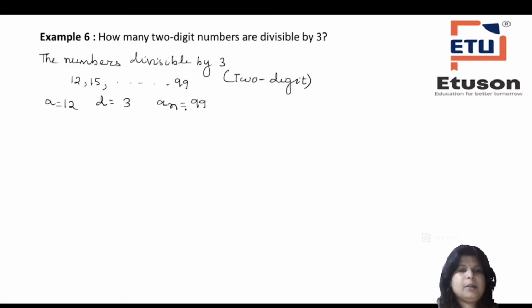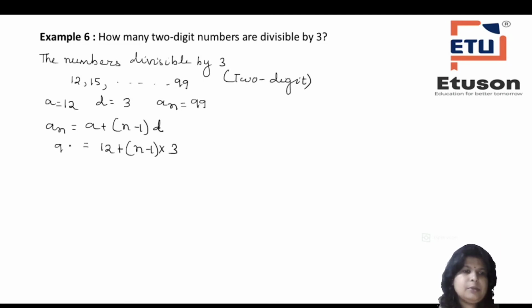So you have to find out what is the value of n, right? So your an is equal to a plus n minus 1 into d, that is equal to 12 plus n minus 1 into 3. So an, that is the last term, is equal to 99.